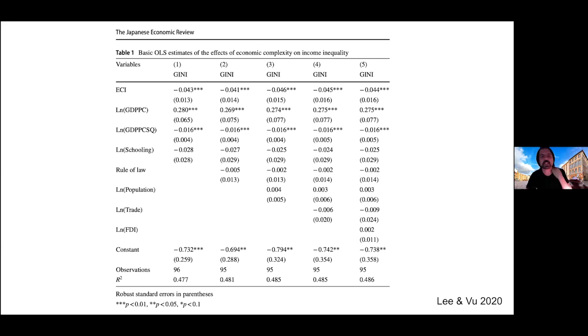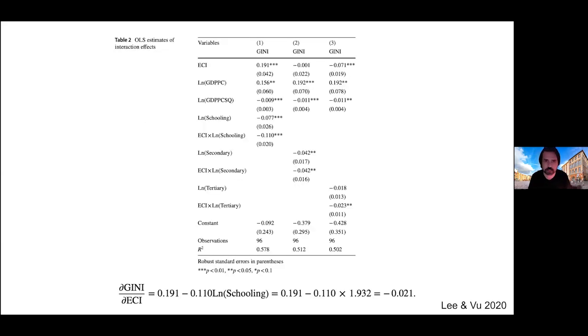But what they do next is they start adding interaction terms, and what they find is that as economic complexity grows, inequality on average is lowered, but there is a mediating effect of education.